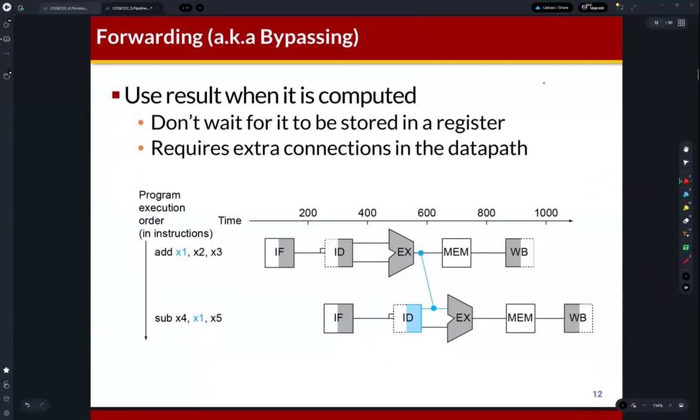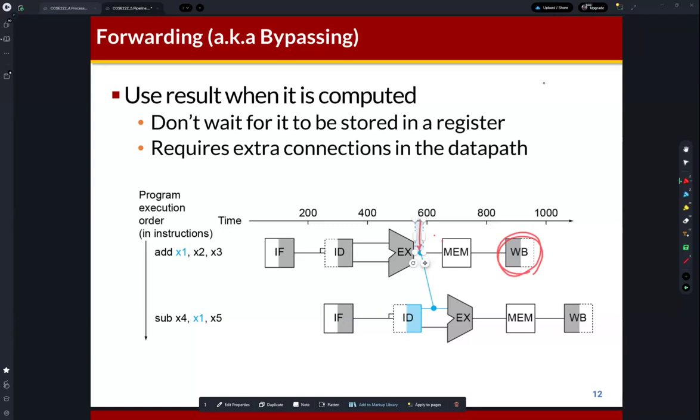But we can handle this performance issue using data forwarding. Data forwarding means that even though the data is written back in the write back stage, we already have the result data before the write back stage, right? In this example, we can get the result of the add instruction at this point, after the ALU.